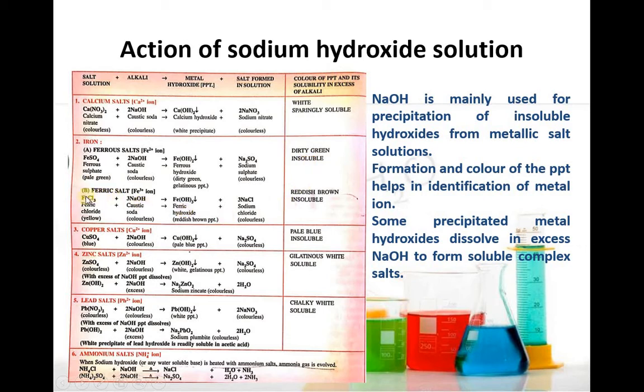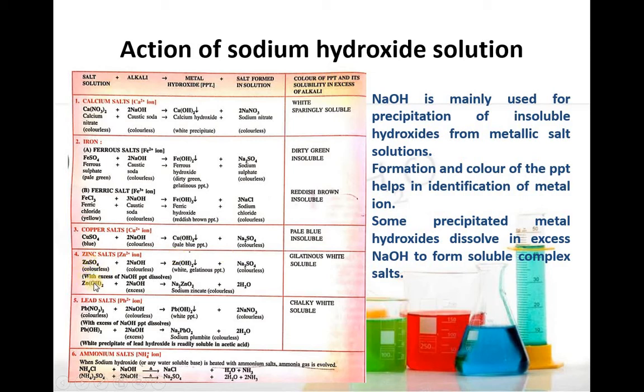Now, for ferric salt you will get the yellow color, and when it gives you the precipitate of ferric hydroxide, it gives the reddish brown precipitate, insoluble in excess alkali. Now here you are getting all insoluble. Now if you go for copper sulfate, you will get pale blue copper hydroxide precipitate, which is insoluble in excess alkali.